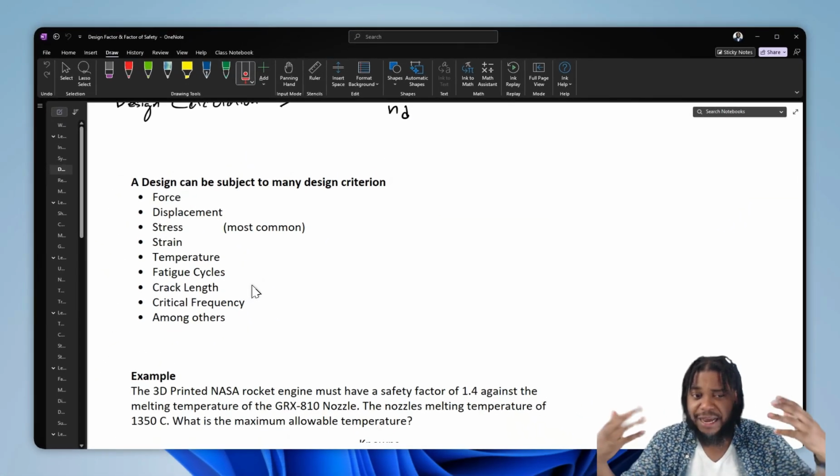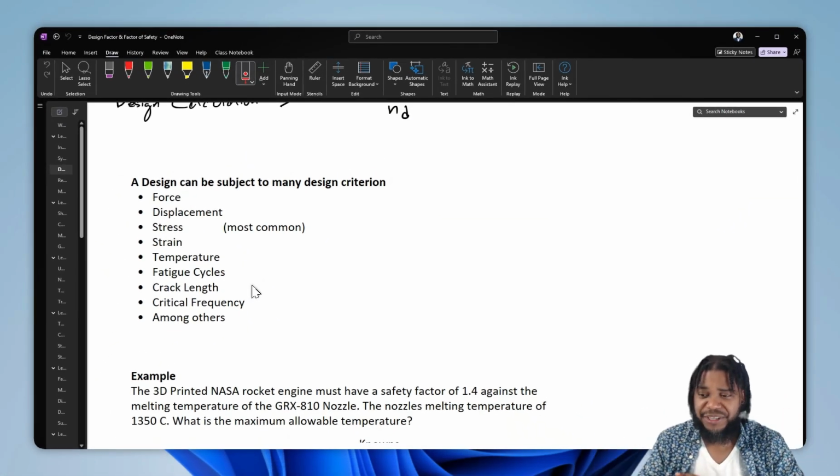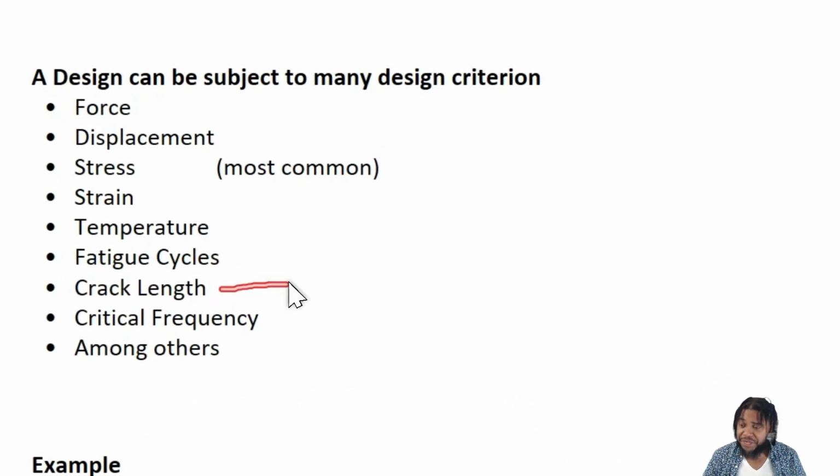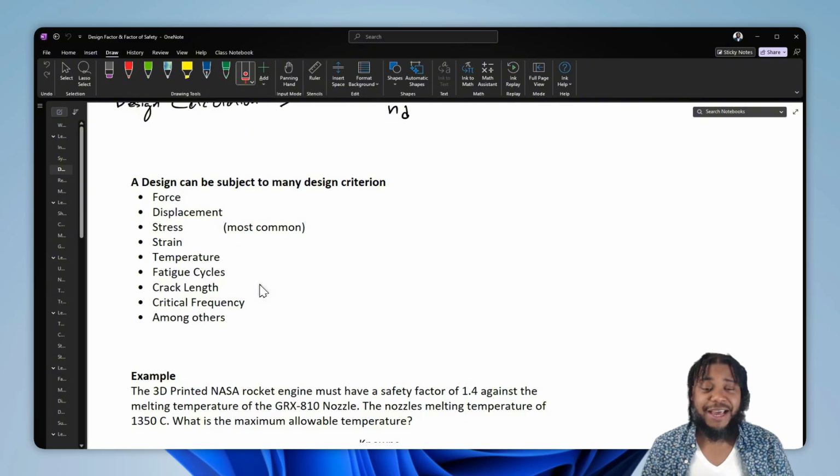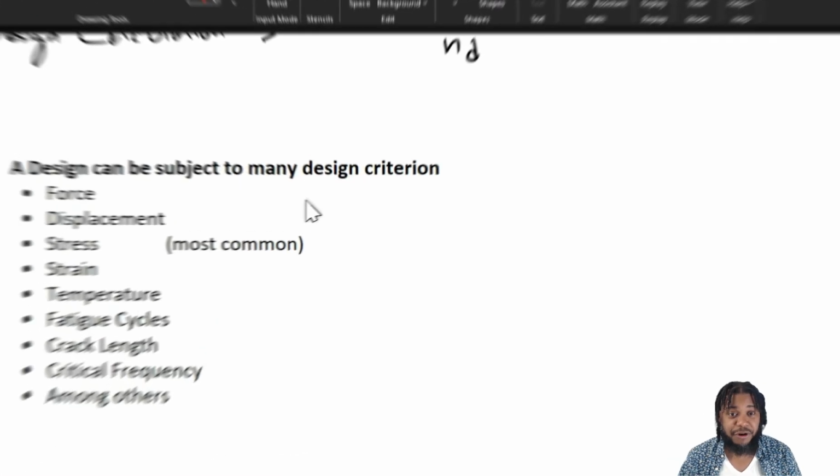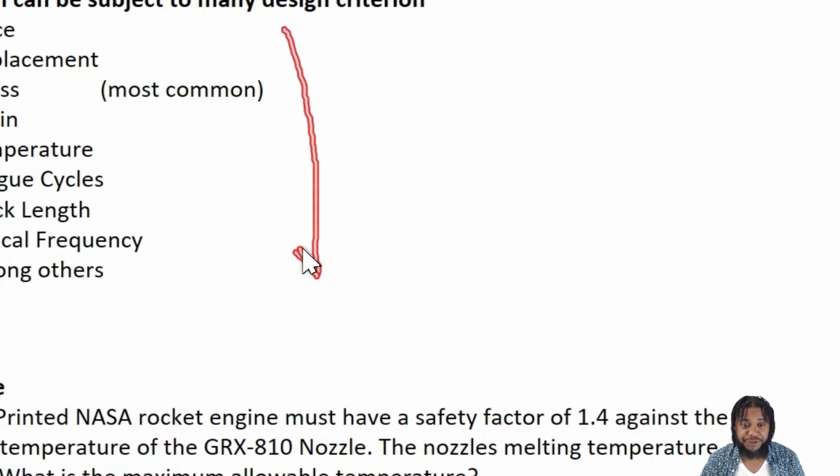How many times can we fly this aircraft before it's no longer a viable design? Or crack length. Many structures, like bridges, have cracks all over their structures. How long can those cracks be before we say, hey, this design isn't viable anymore? We need to stop. We need to shut the bridge down. It's not safe, right?